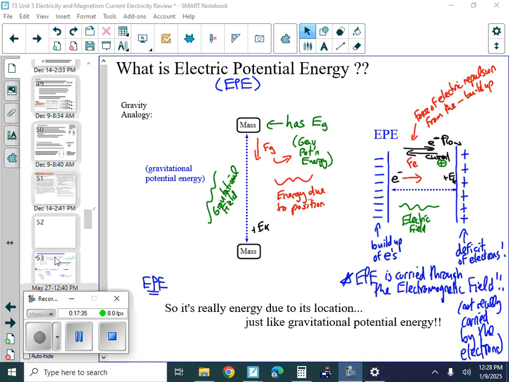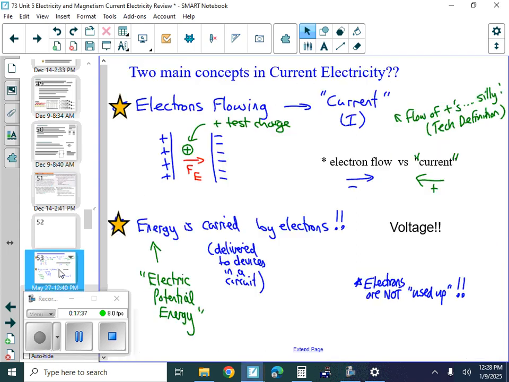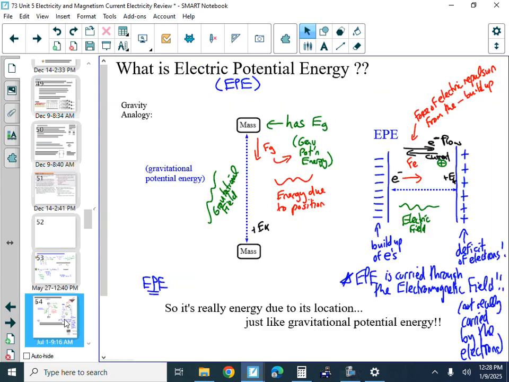All right, so here we go. As I mentioned, electrons flowing is your current, and then the energy is the voltage. So if we're looking at electric potential energy, you think of a mass having gravitational potential energy. That's the same way that electrons have electric potential energy. This electron has potential energy because it's going to be pushed away from that negative charge.